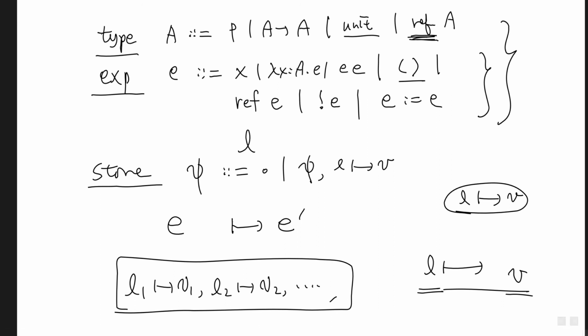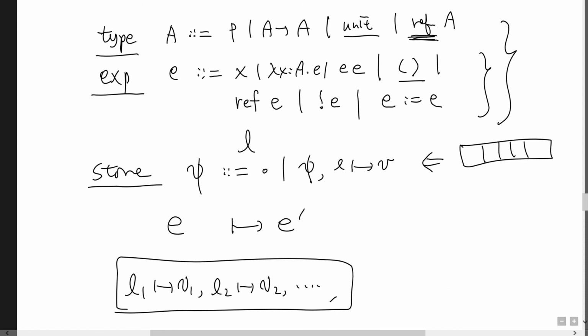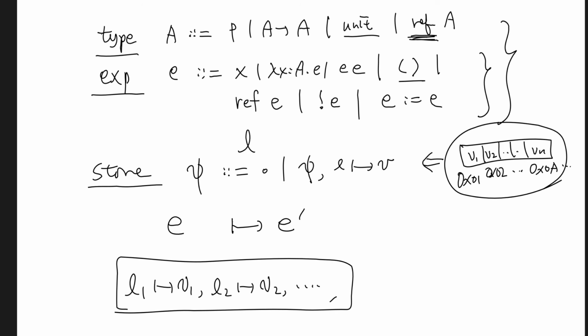So you can think of this store as some abstract representation of a collection of memory cells. In a real implementation, we don't have these locations. Instead, we have addresses: 0x01, 0x02, and so on, 0x0a, and so on. And we will have some values here, v1, v2. So this is what we will see at runtime inside your machine.